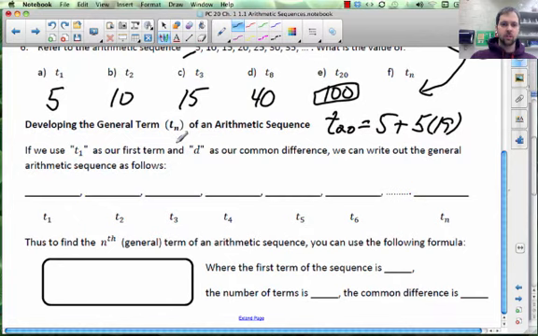Okay. So developing the general term Tn, which we did just up there, if we use T1 as our first term and D as our common difference, we can write out the general arithmetic sequence as follows.